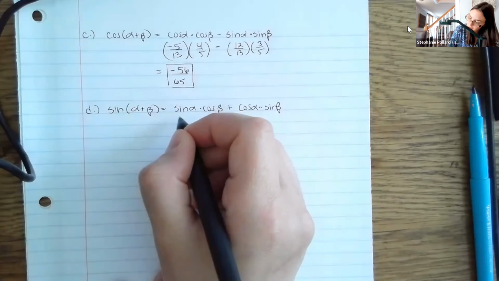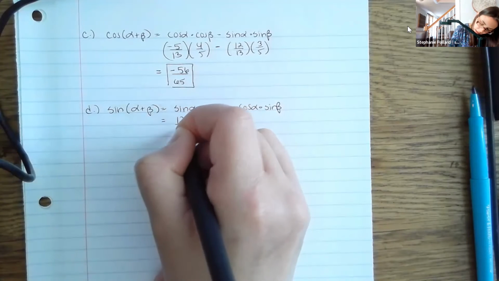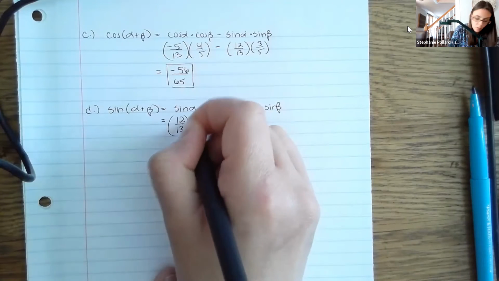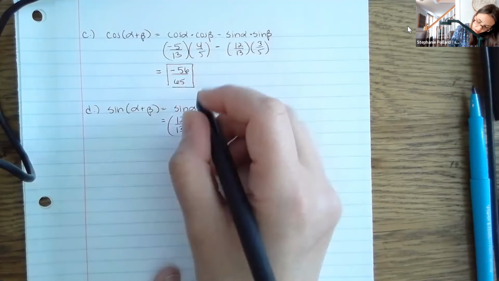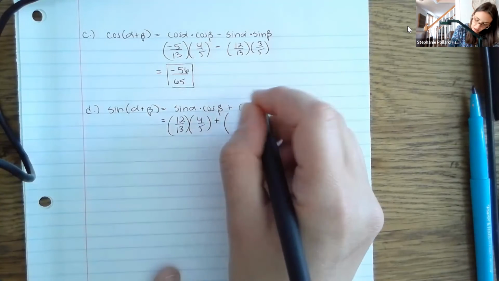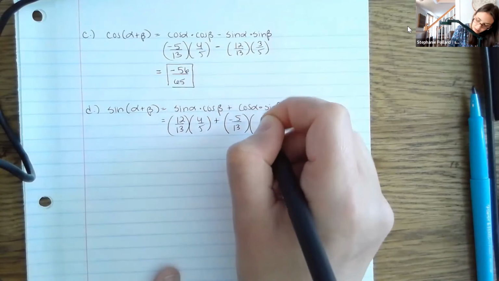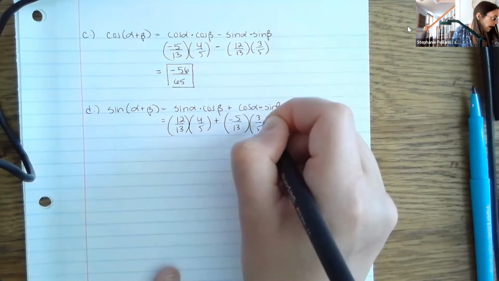So my sine alpha that was given to us, our sine alpha was 12/13. Our cosine beta we found, and that was 4/5. Our cosine alpha we found, that was -5/13. And then our sine beta was given to us, that was 3/5.